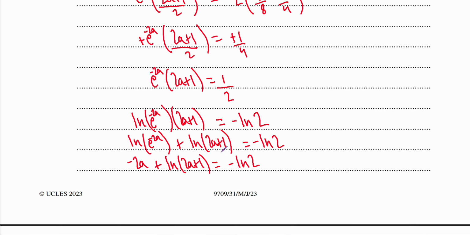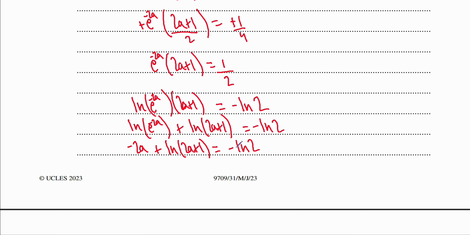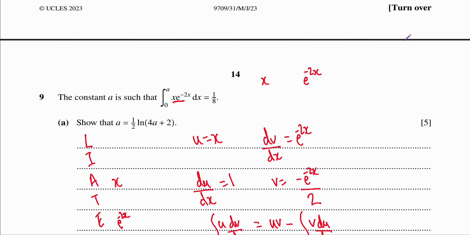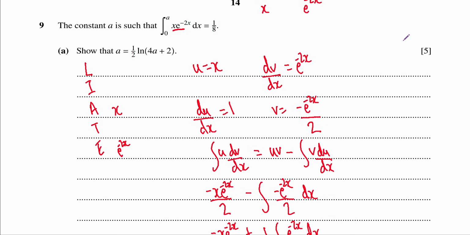How do we do that? What we can do now is bring this 2a to the other side. So we have ln (2a plus 1) is equal to 2a minus ln 2, right? Yep, we have that right there.